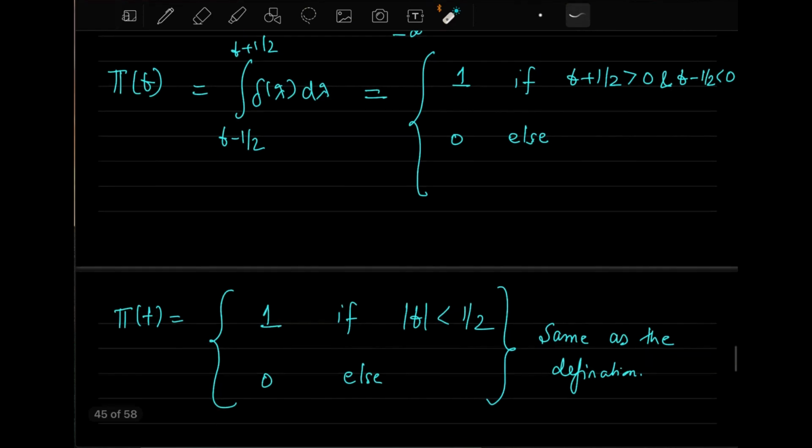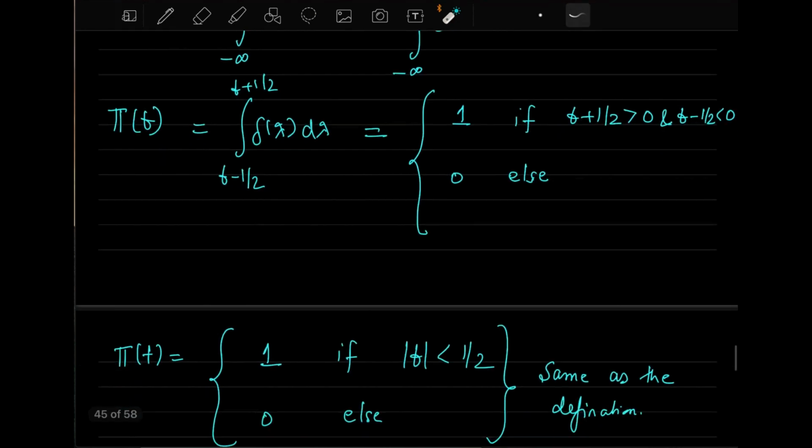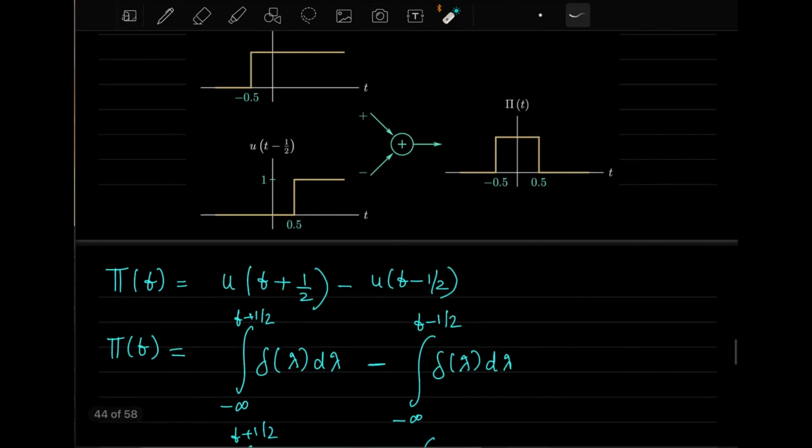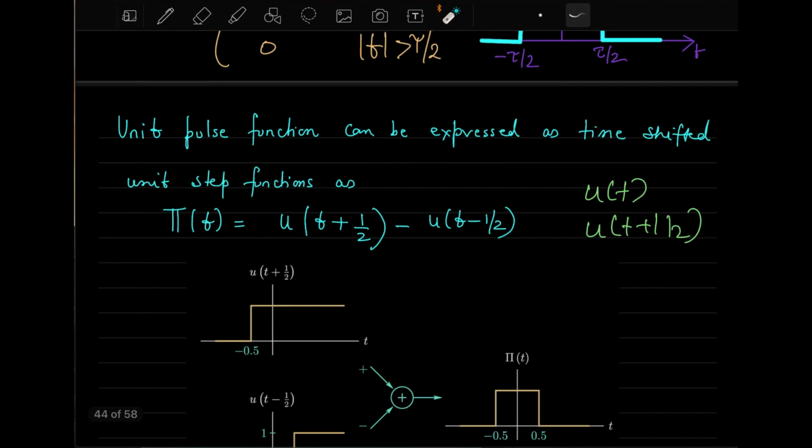So if you do the integration of this, you will somehow or the other get pi t. This is another way of deriving pi t from impulse functions, and the earlier one was the example of deriving pi t from unit step.